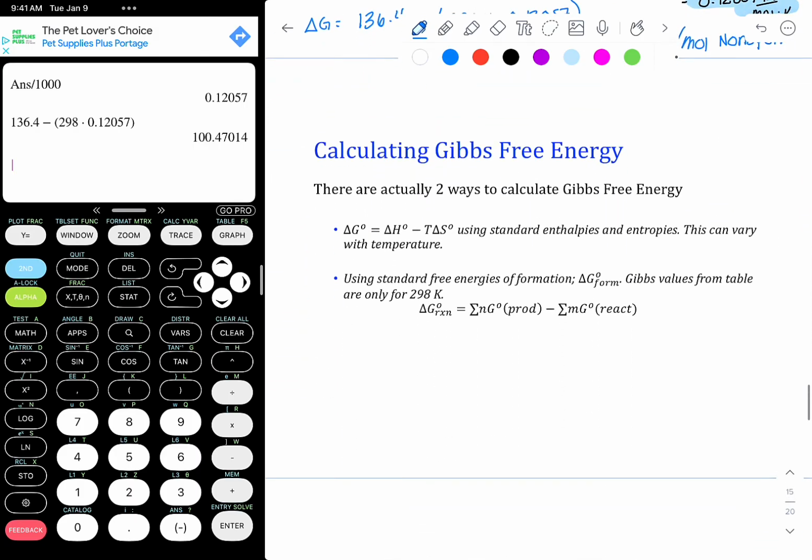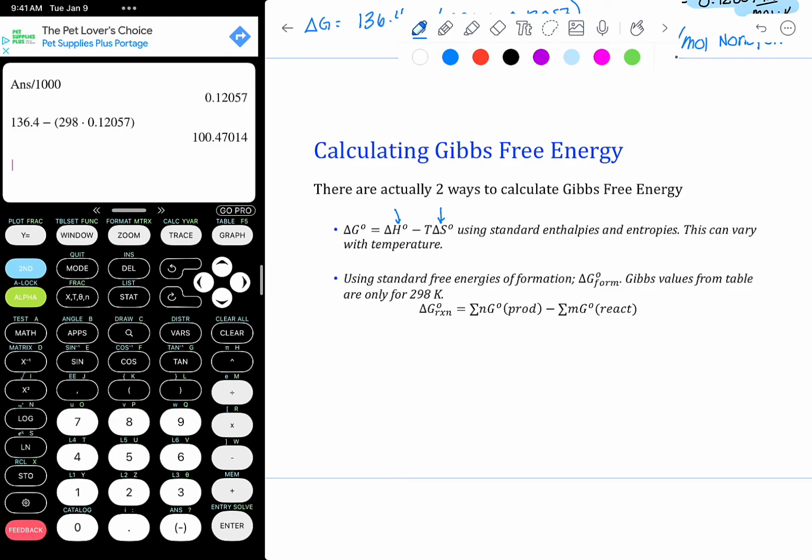Now there are actually two ways to calculate our Gibbs free energy. The first way is the one we just practiced, where we utilize our knowledge of delta H and delta S. But that is going to vary, this delta G is going to vary with temperature. The second way is, if you've looked at your Appendix 2 or your ALEKS data tab, you see that there's a third column that's devoted to delta G values, or delta G of formations.